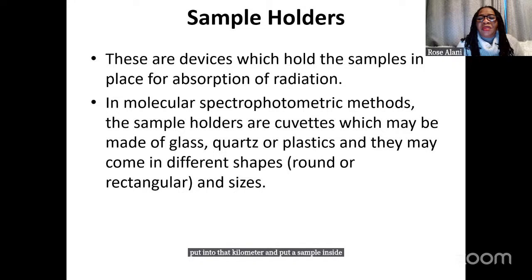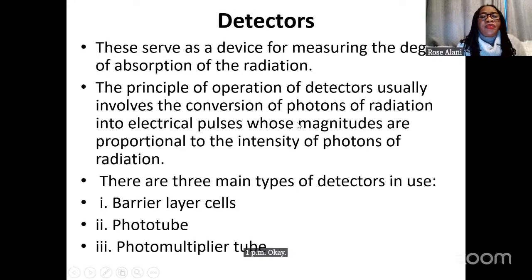They can be made from different materials like glass, quartz, or plastics, and they can come in different shapes and sizes. Maybe you have come across the one we use in colorimetric analysis. It has a rectangular shape and its length is 1 cm. Okay, and then we also have the detectors.